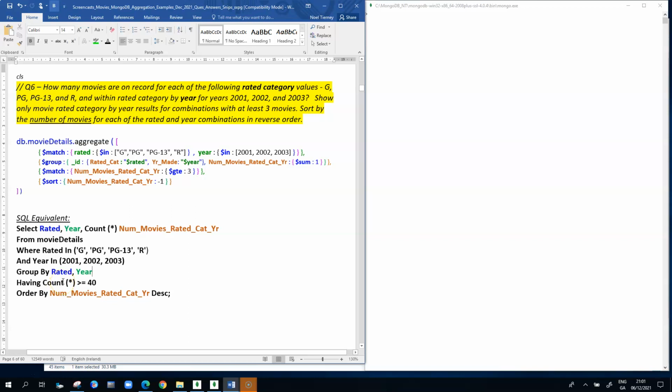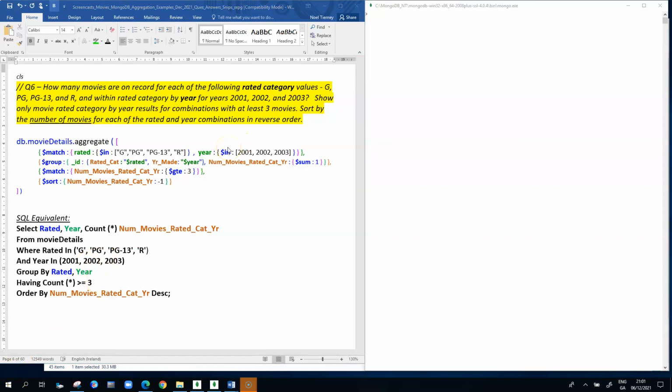Sorry, I'm only interested in those where there's more than 3 documents in the results. That should be 3 there. Or there's 3 movies. Because I'm narrowing it down to just rated categories and years, the 40 is irrelevant anymore. So I'm just looking for cases where there's at least 3. Greater than 3 or greater or equal to 3.